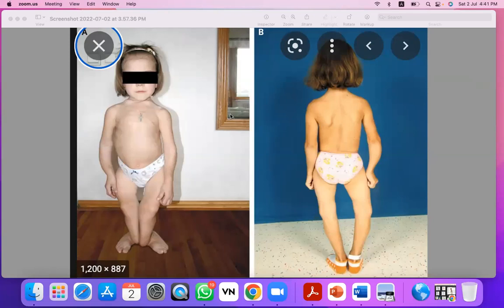Even if you see that there is frontal bossing, it means that the head size is a bit on the higher side. So you should also do OFC even in this case, and also the total length and even the weight. Because if there are rickets signs, maybe this is a nutritional rickets, so you need to do the weight as well, and you also need to look for other signs of vitamin deficiency.